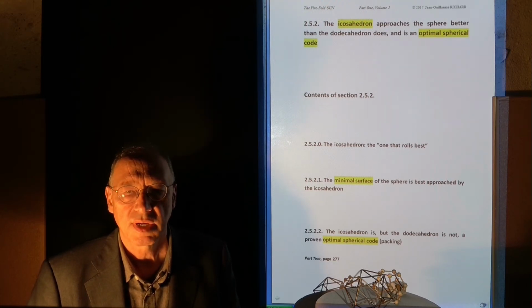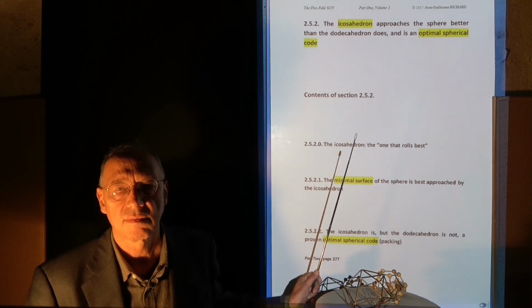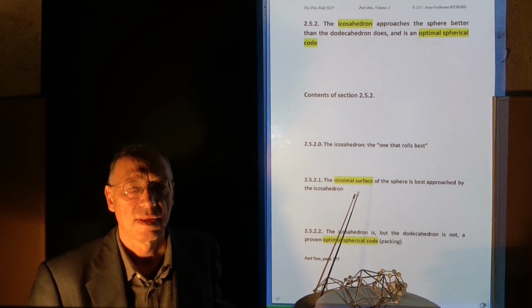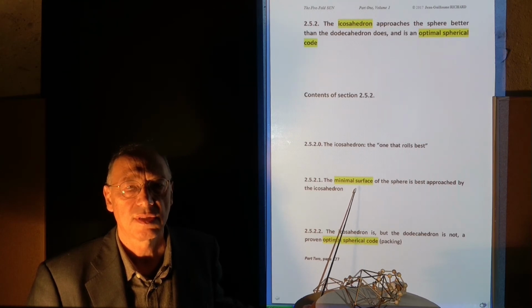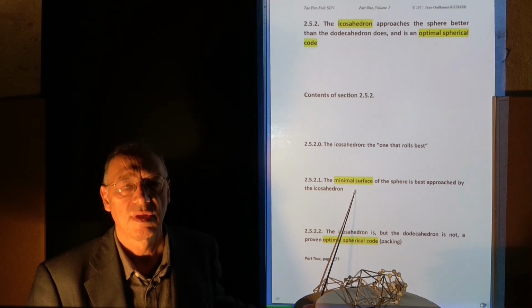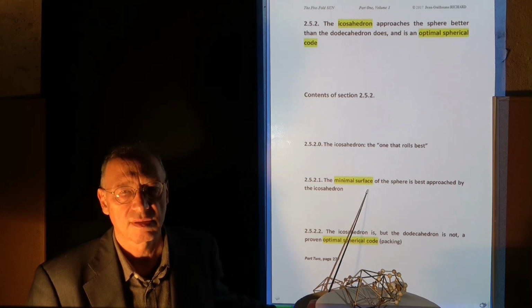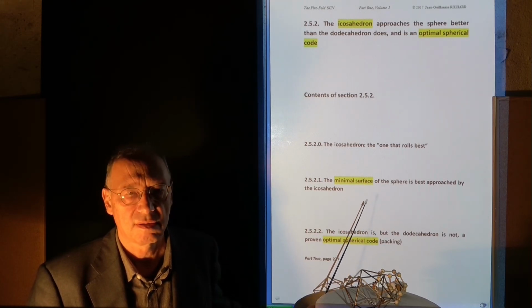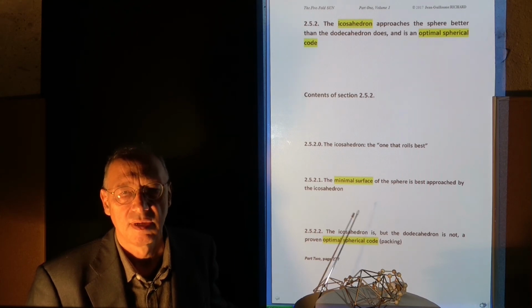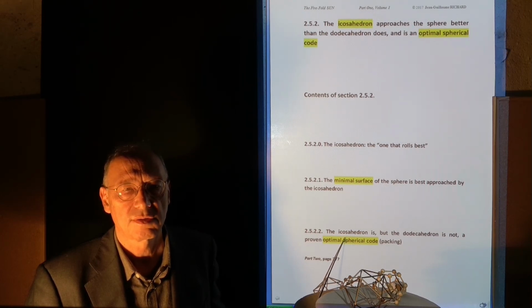If we compare now the icosahedron and the dodecahedron, there are 2 criteria against which the icosahedron will prove to be the better solution. First of all, it best matches the minimal surface of the sphere, better than the dodecahedron or than any other regular solid for that matter. And this is more crucial and is a key to our research and to our search.